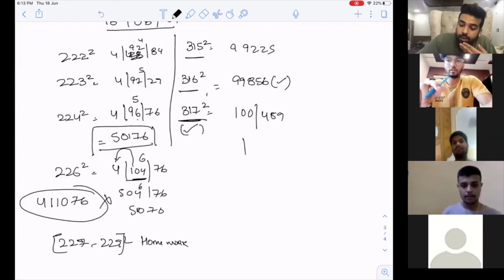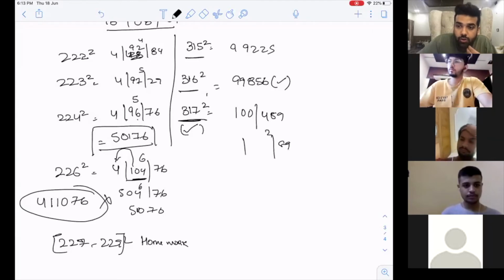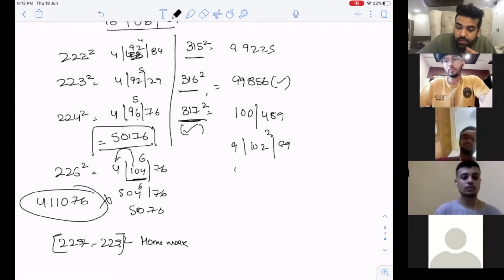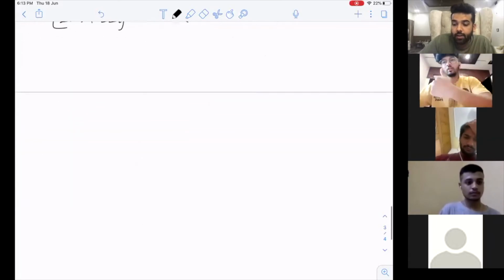How do we get this answer? 17 square is 289. 17 plus 17 is 34. 34 threes are 102. 3 square is 9. This gets carried forward, 100489. Clear or not? Now let's do negatives.